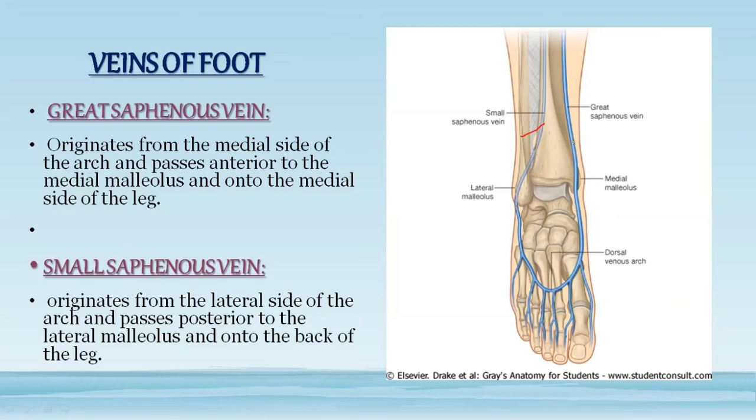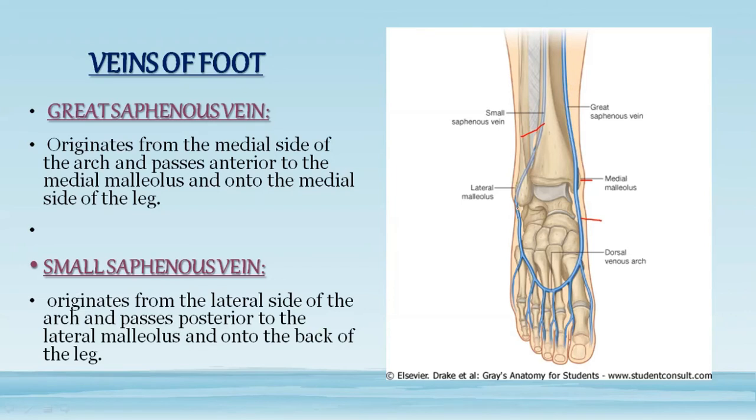The great saphenous vein originates from the medial side of the dorsal venous arch and passes, look at the picture, anterior to the medial malleolus, and then in the leg it passes on the medial side of the leg.